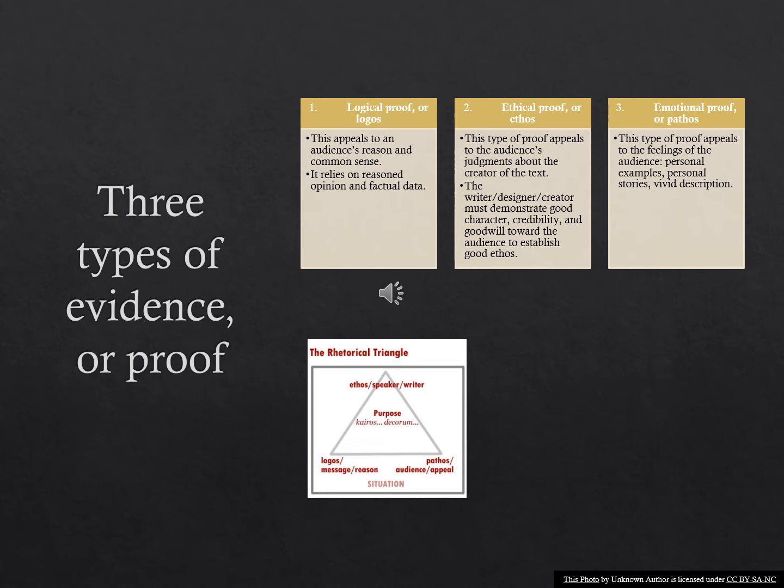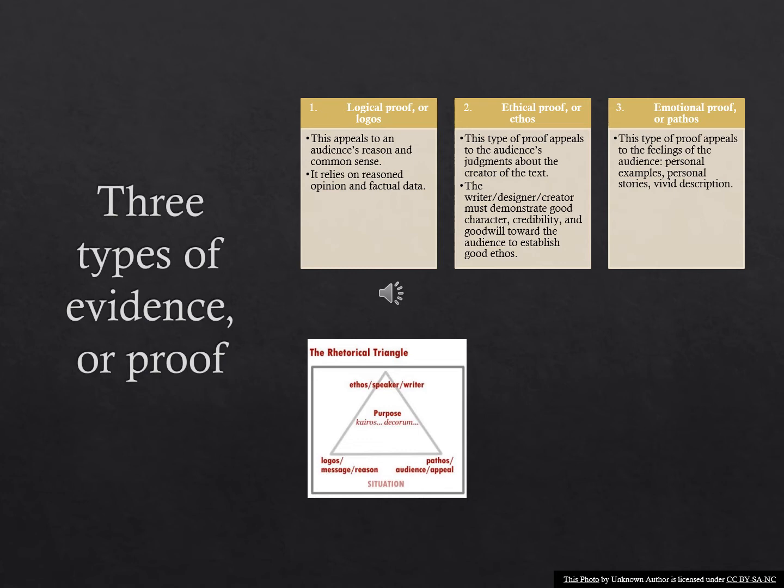So we think about ethos in terms of who created the text that we are analyzing. When we're thinking about ethos in writing our own argument, you as the writer have to establish your own ethos. But for this paper, you're examining the ethos of the ad itself.